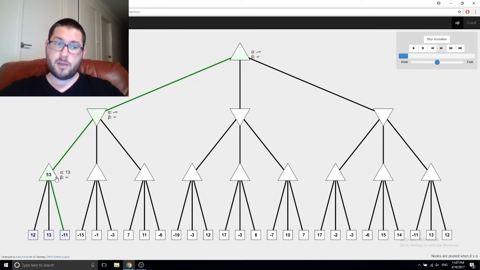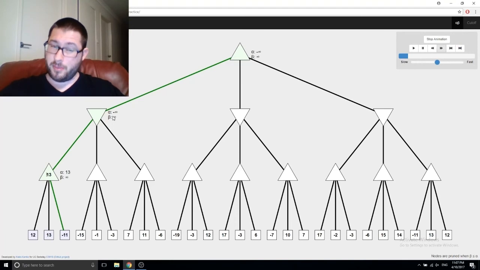They will compare the value they get from each of their children against their current beta value, check which one's smaller, and update their new beta value to be the smaller of the two. So because this node is passing up 13, and 13 is smaller than infinity, this node will have its beta value updated to 13.